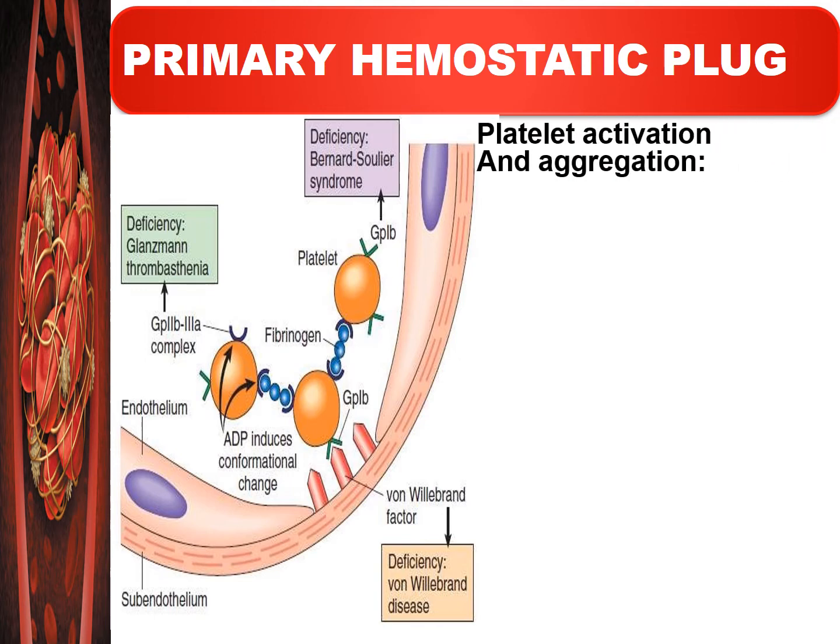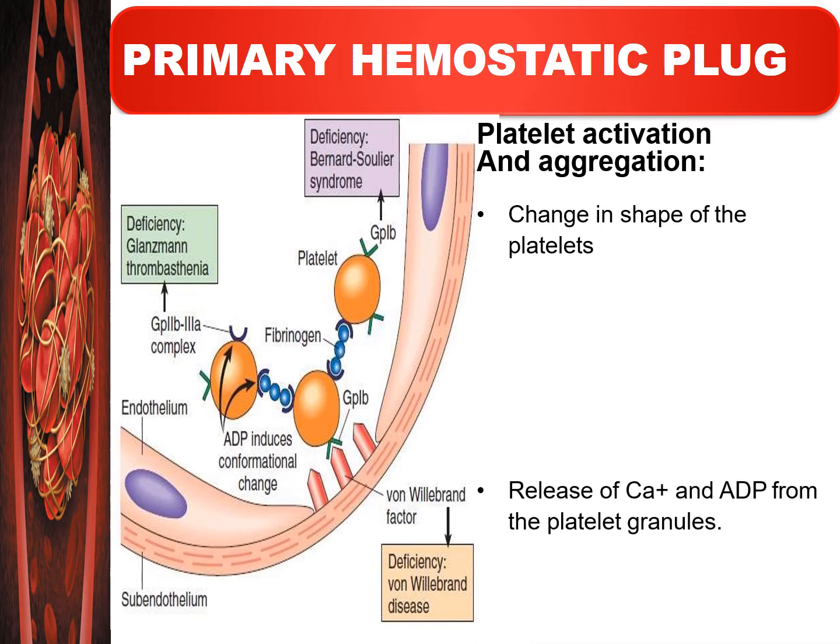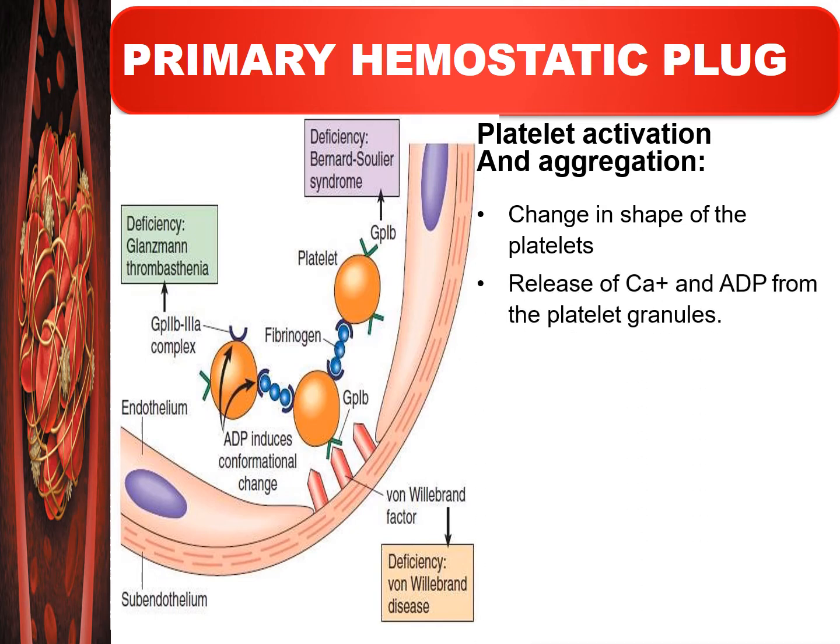As we already discussed in the previous class about platelet activation and aggregation, let us summarize the headings: there is a change in the shape of the platelets, then there is a release of calcium and ADP from the platelet granules, then receptor activation of the platelets takes place, which involves two receptors.